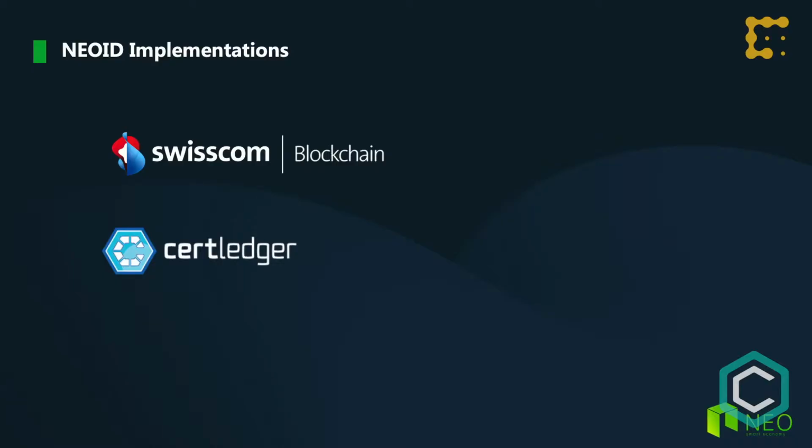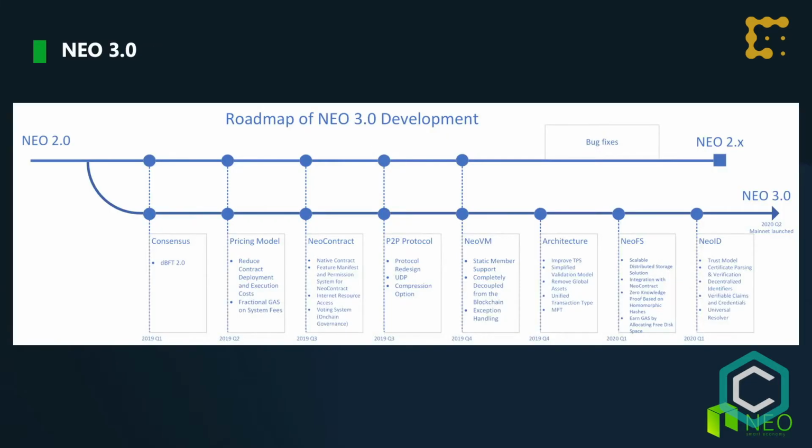For now, we have two projects building on NEO, which are Seraph ID and Third Ledger. Seraph ID is a very typical DID solution built by Swisscom Blockchain on NEO. Its roadmap is quite the same as the 3.0 roadmap.